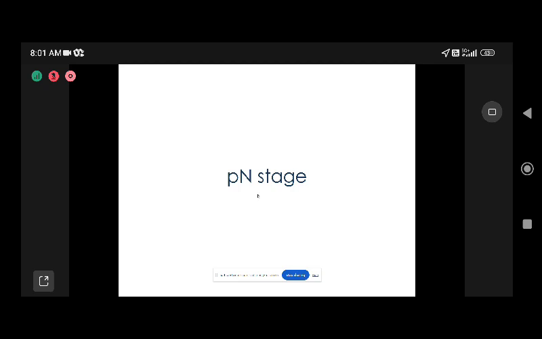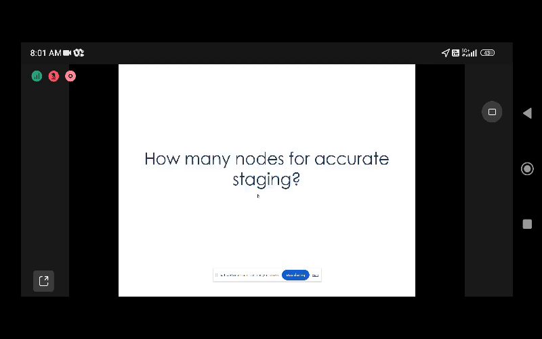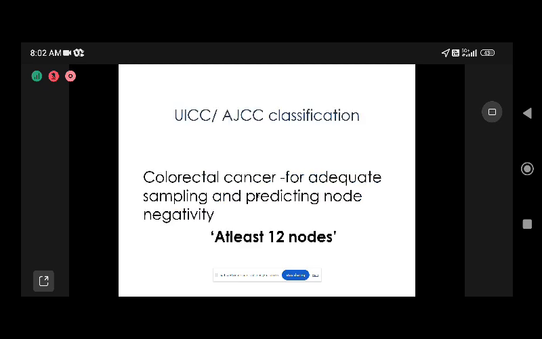After that, we do need to do the nodal staging, also extremely crucial. Most important is how many nodes are sampled. Every node that is present in the specimen needs to be dissected and sampled for accurate staging. For accurate staging, studies have shown that a cutoff of a minimum of 12 lymph nodes is required.